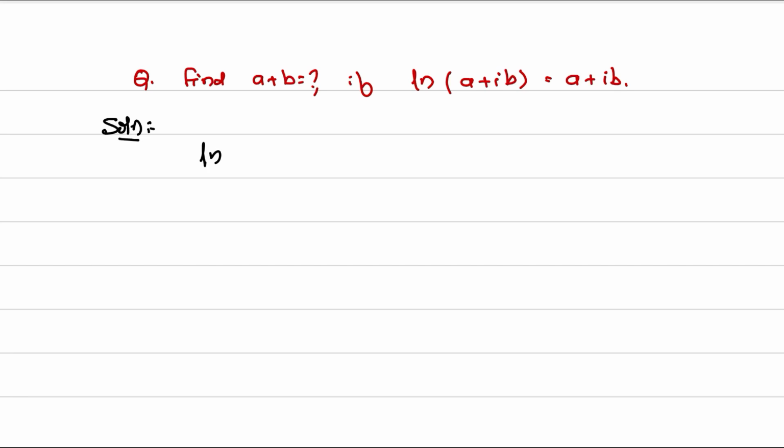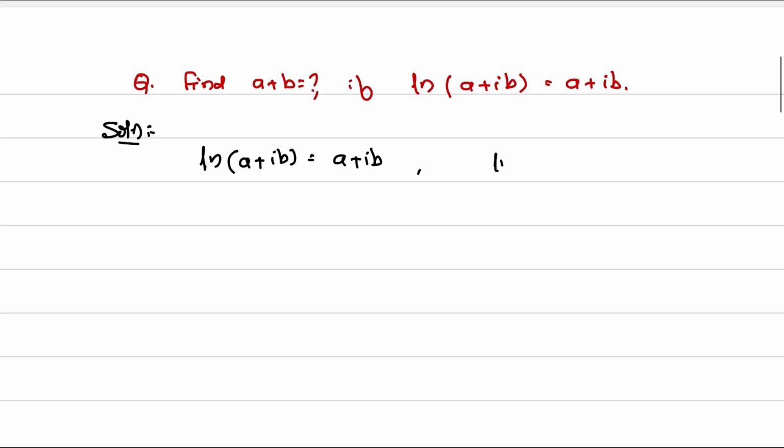Given is ln of a plus ib is equal to a plus ib. It is in the form ln x is equal to x.